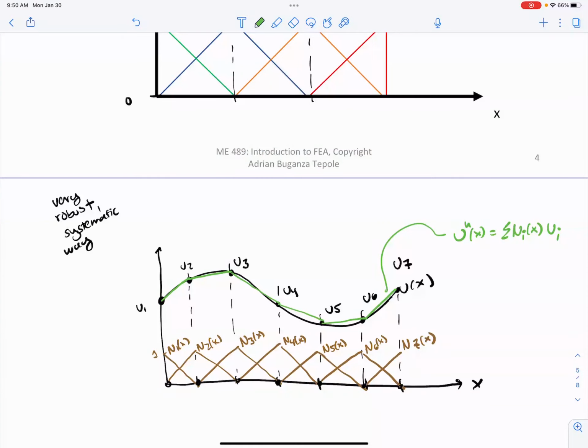So it's not exactly my function that I want. It's not U of X, but it's close enough. And if I chop into more and more pieces, I get closer and closer to it.